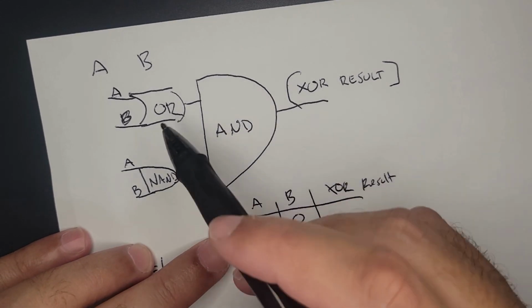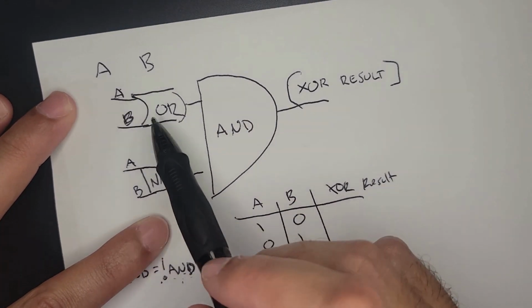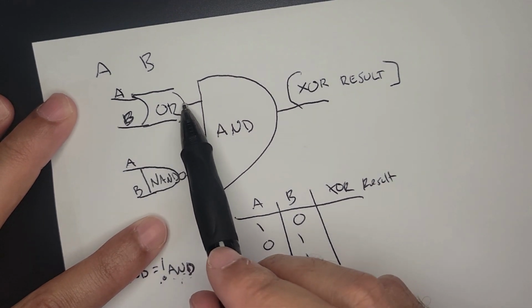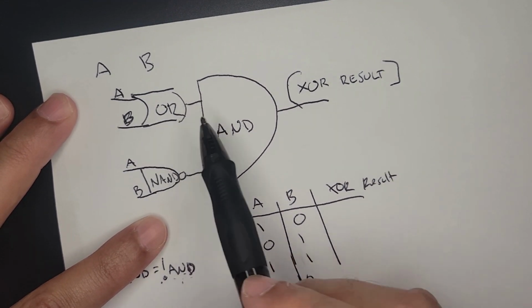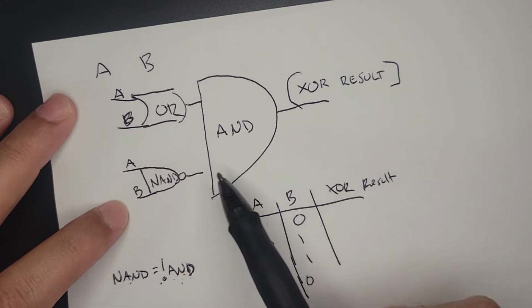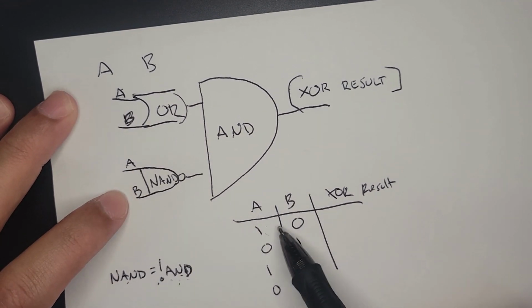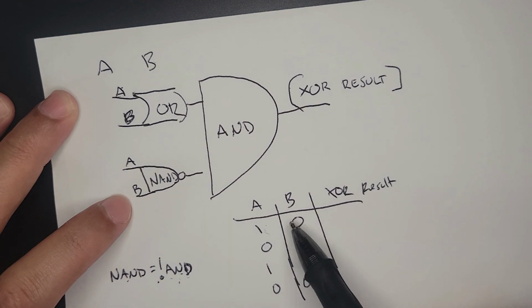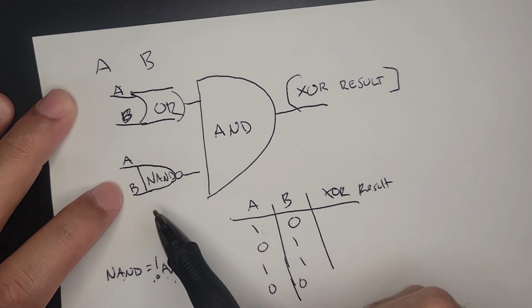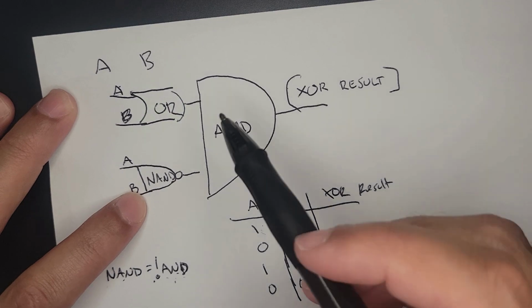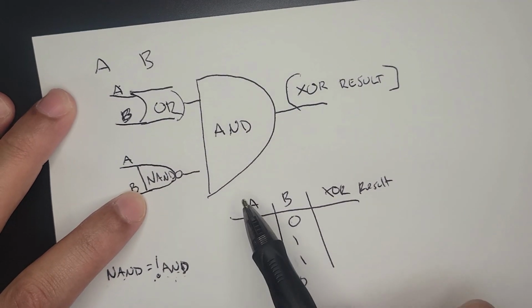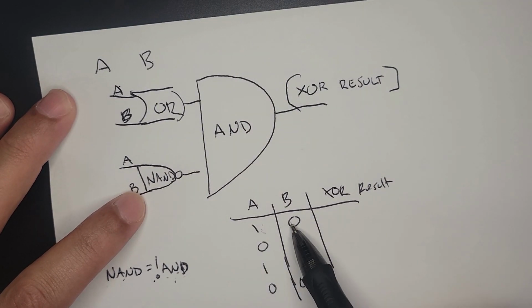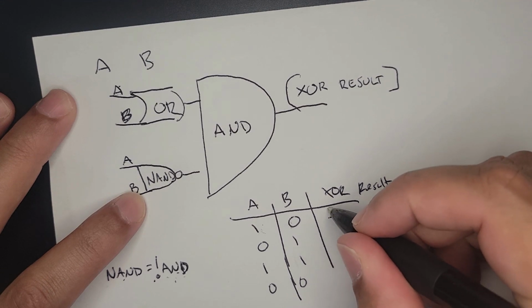So if we have 1, 0, that means 1 goes here and 0 goes here. OR evaluates to true, because 1 or 0 equals 1. And then A and B in here: 1 and 0 makes 0. So we flip the 0 to a 1, and this gets a 1. So we have a 1 here and a 1 here, which means these two become a 1 result.